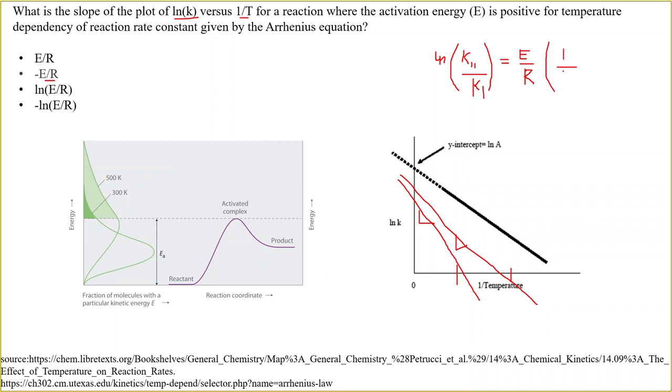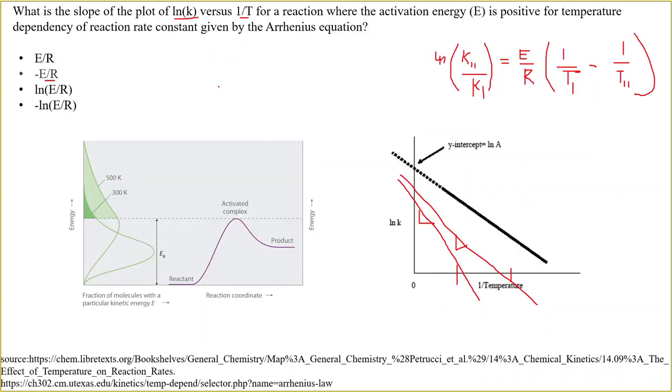That will be 1 by T1 minus 1 by T. So this relation itself tells us that the slope for this expression will be negative E by R. From this expression, we can clearly define the Arrhenius equation, and the answer for this question is minus E by R.